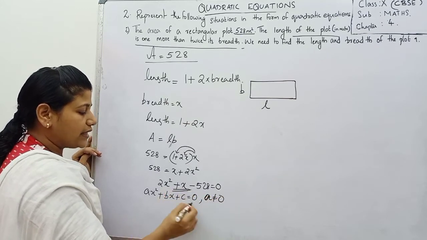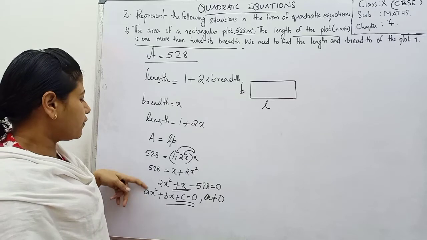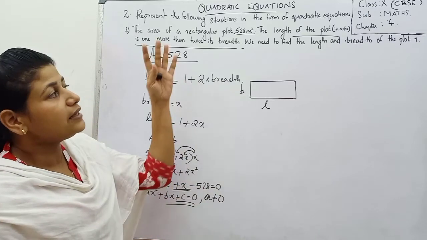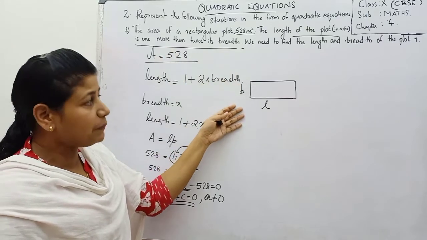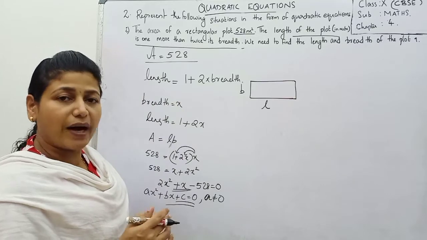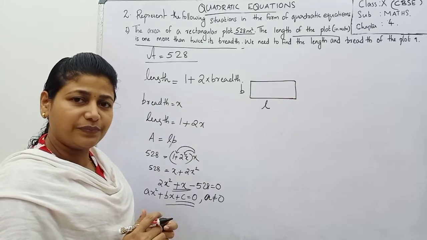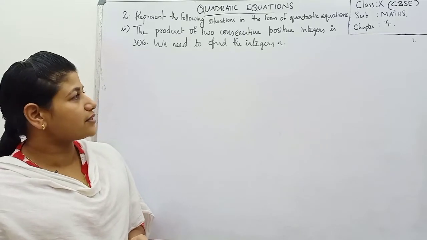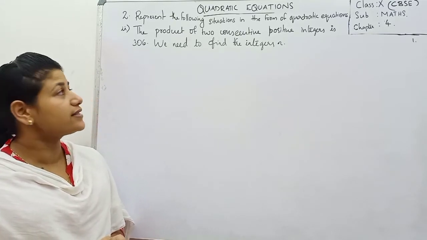So this is a quadratic equation. 2x square plus x minus 528 represents this particular rectangle in which the length is 1 more than twice its breadth. Understood?